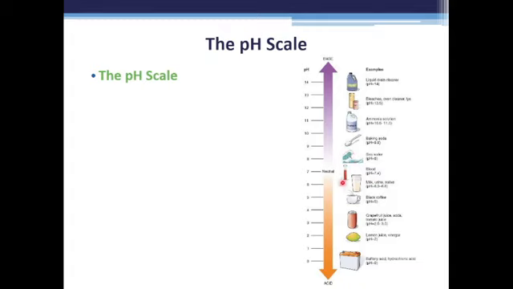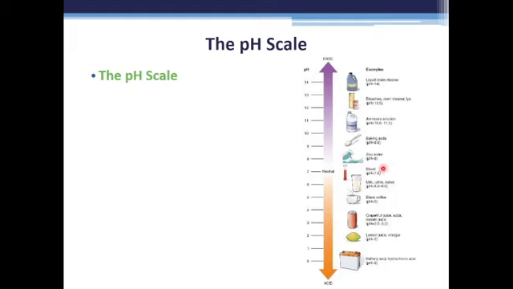Below 7 is acidic. Above 7 is basic or alkaline. Each step on the pH scale represents a tenfold change in hydrogen ion concentration.